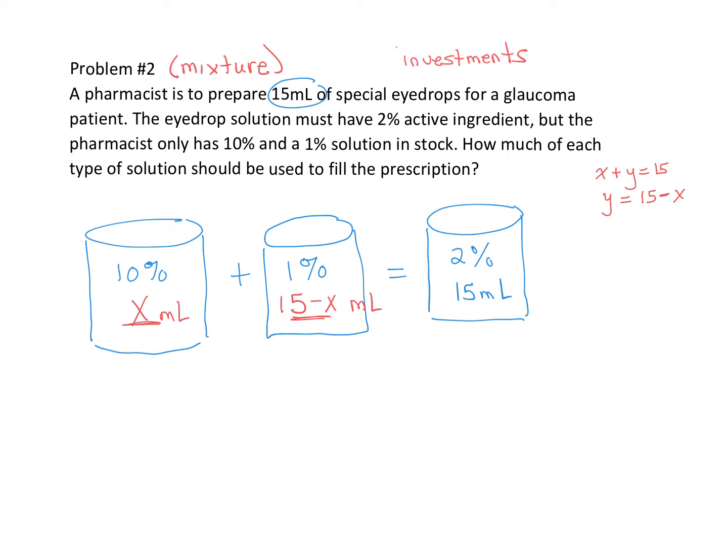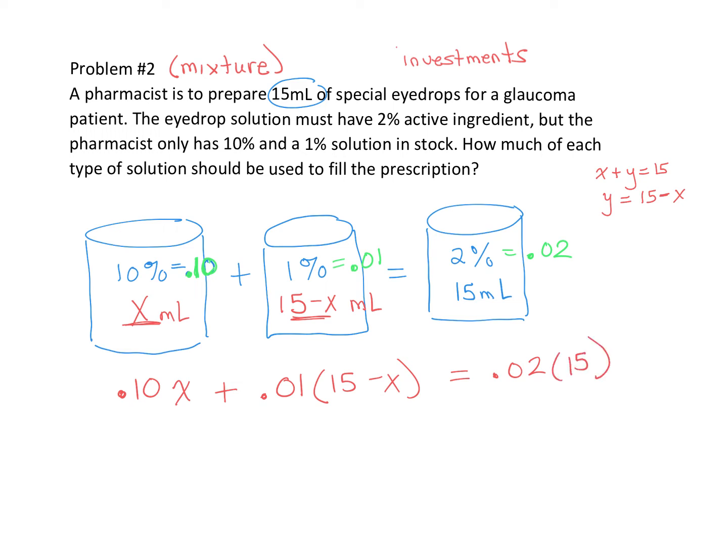At this point, we're going to take 10%, which is 0.10, and 1%, which is 0.01, and 2%, which is 0.02, and multiply them by their respective amounts. So for this container, I'm going to have 10% times x. This is going to be 1% times 15 minus x. And this last one will be 2% times 15.